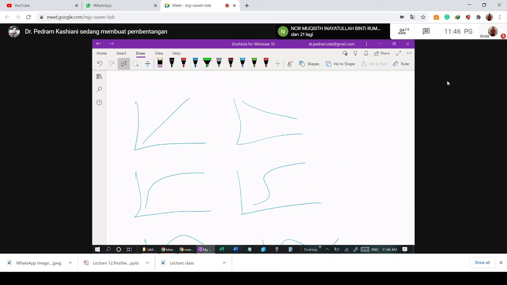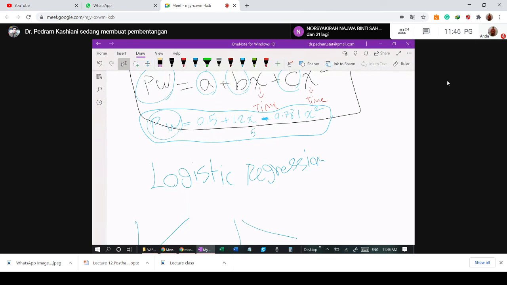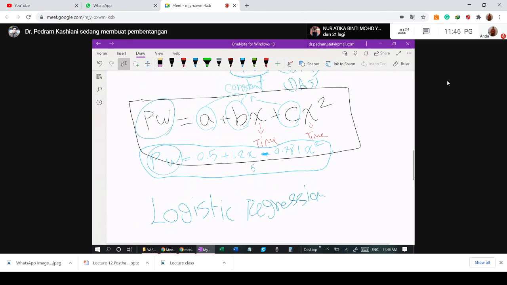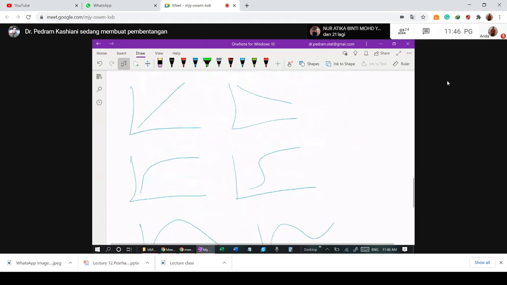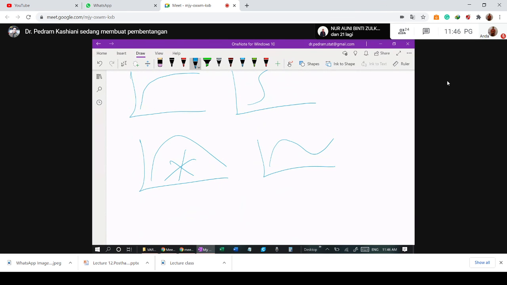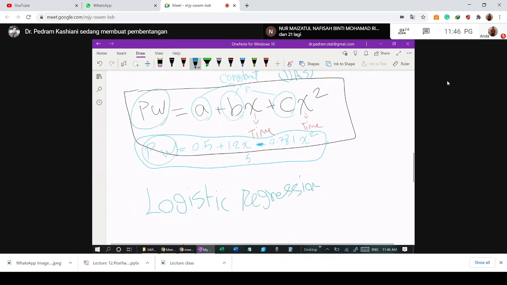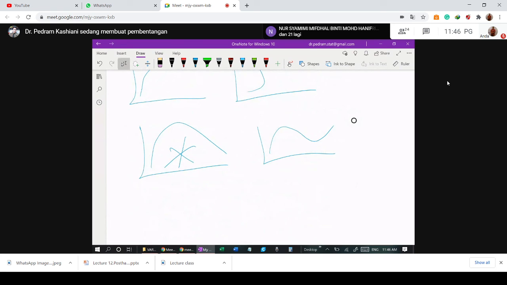So how do we find these things? Based on what line you will have. This line I write here, this equation a plus bx plus cx2, this one is for this line. If my result becomes like this, I understand my variation looks like this.